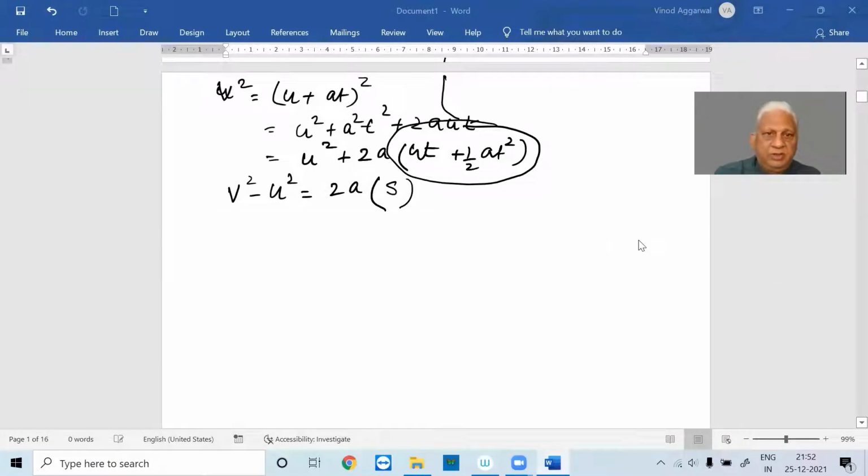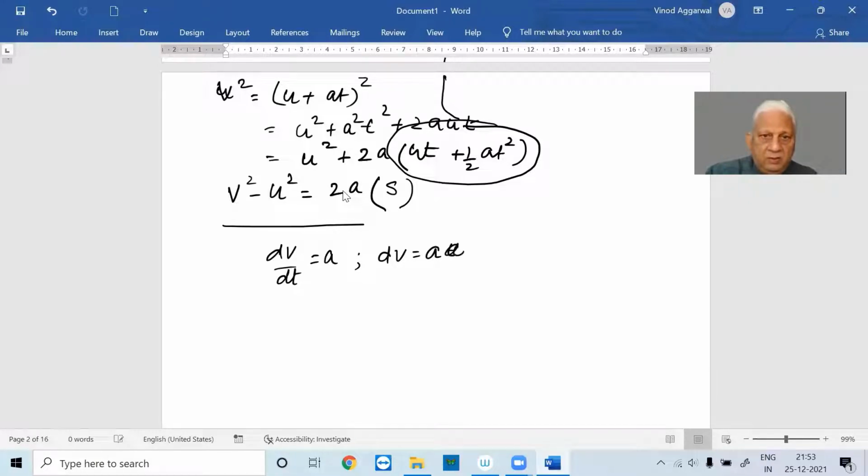We can also prove these above formulas from the calculus point of view. Let's see how. We know dv by dt, the rate of change of velocity, is equal to acceleration, right? Or dv is equal to a dt. And if we integrate dv from the initial value of v, which was u, to the final value of v, which was v, it is equal to the integral of a dt from time 0 to time t.